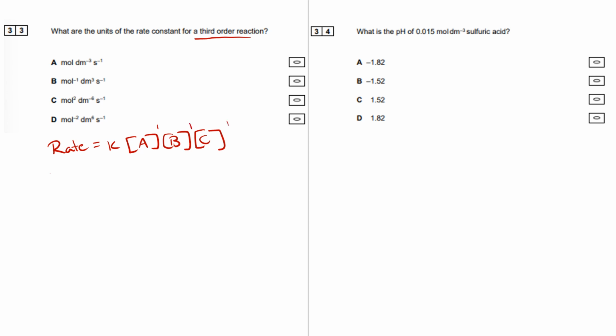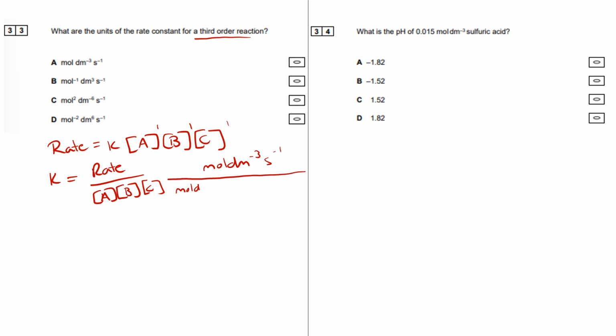So in order to work out the units for the rate constant, you make k the subject. So k equals rate divided by our 3 concentrations. Substitute in the units. Units for rate are moles per decimetre cubed per second. Units for concentration are moles per decimetre cubed, and we've got that 3 times.